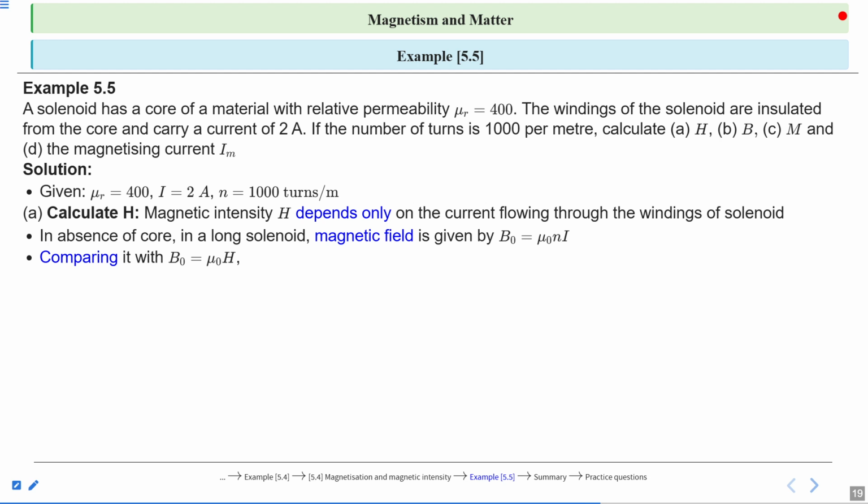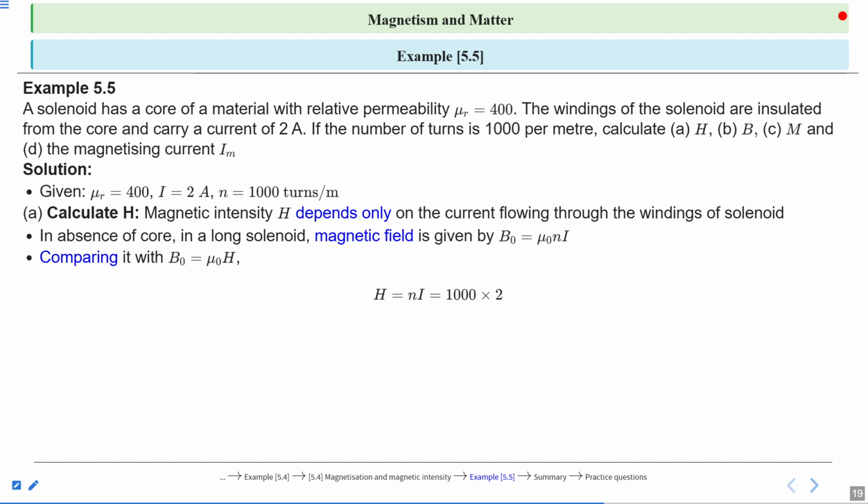We also know B naught is given by mu naught H. So comparing B naught equal to mu naught N i with B naught equal to mu naught H, it will result in something similar to that equation, where Bm is equal to mu naught M and Bm is equal to mu naught N Im, so M will be equal to N Im. Similarly, B naught will be mu naught N i and B naught will be mu naught H, so by comparing, H will be N i.